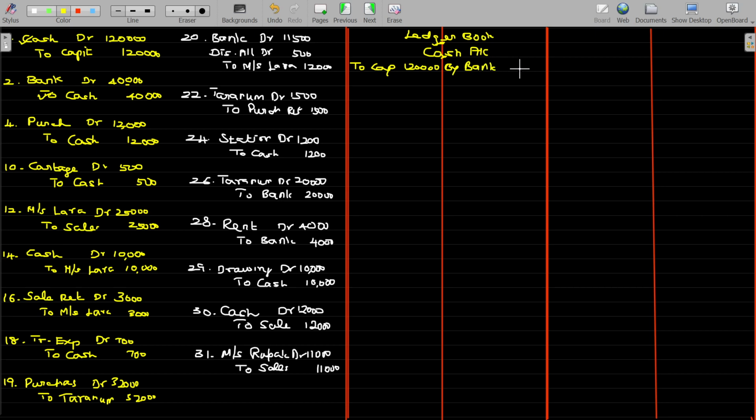This value being 40,000. Fourth one, cash is in the credit side. In the credit side, I have to write again by purchases. This value being 12,000.